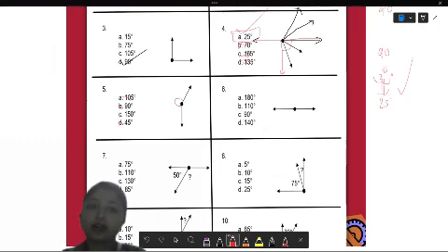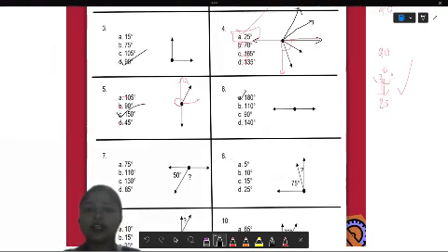If you are going through the straight line, this is a 180-degree angle, right? So 105 should be somewhat here, but it's more than that. That is why it is close to 180. So the closest option that we get to 180 is 150 degrees. So that's the correct answer.